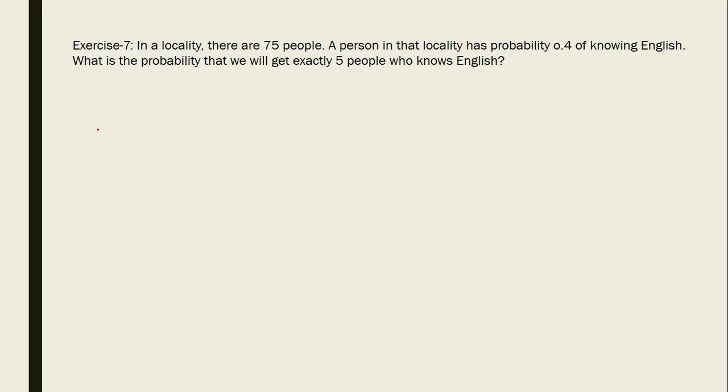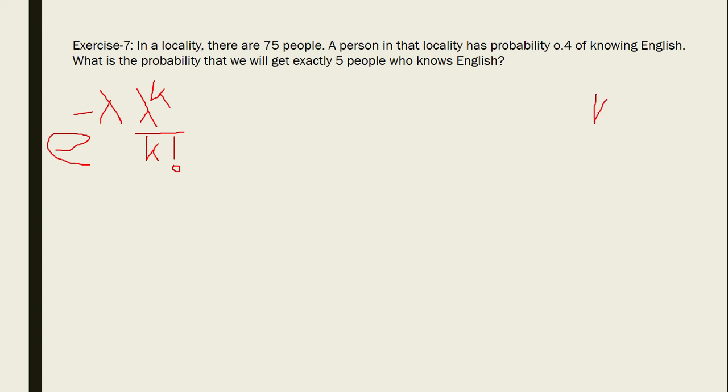Now, if we look at our formula, it is e to the power minus lambda, lambda to the power k, divided by k factorial, right? This is our equation. Now we have the value of k.